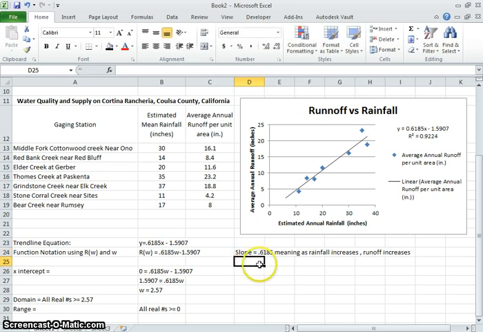So this should make sense. The more that it rains, the more runoff we're going to have. Okay? So when it says explain the interpretation of the slope in words, this is what they're looking for.